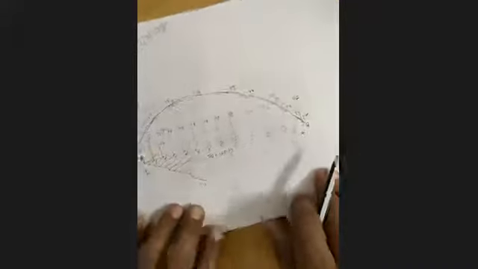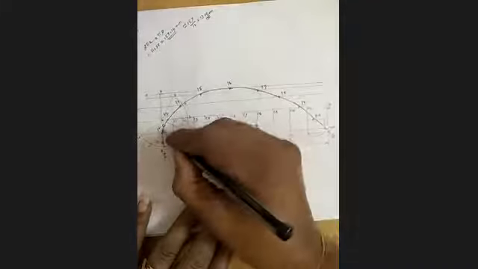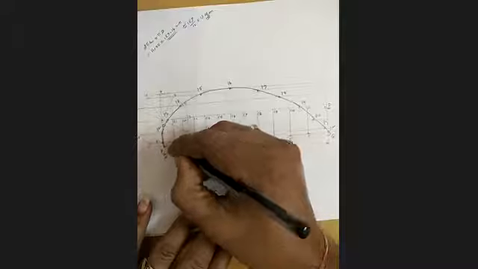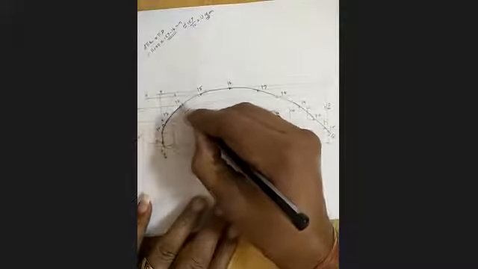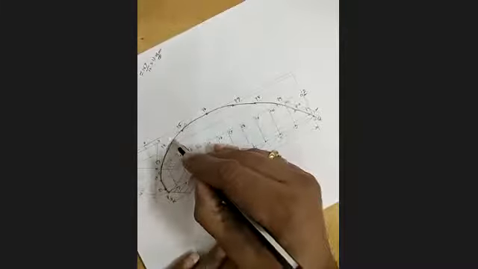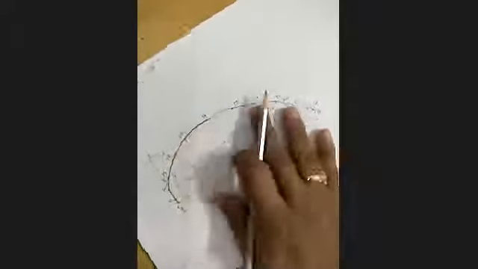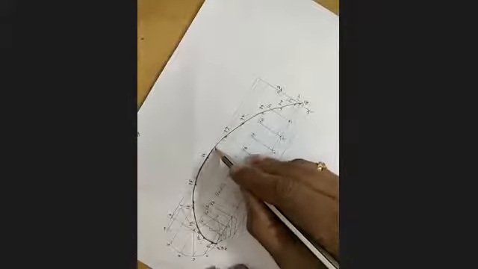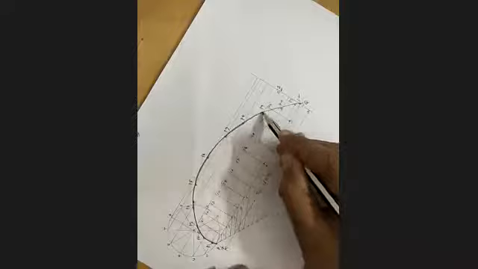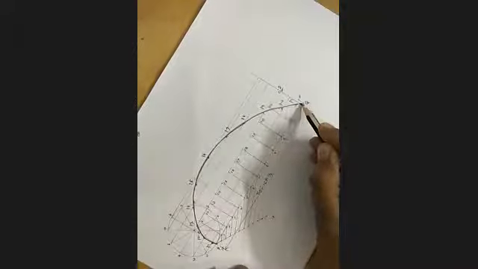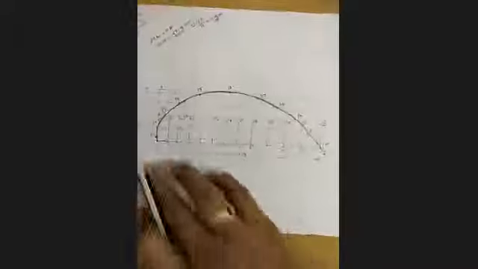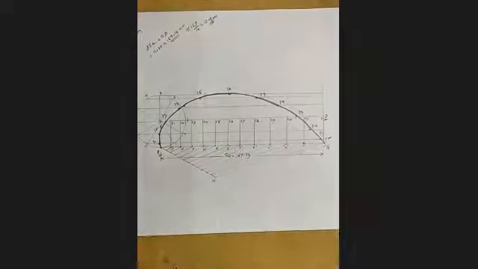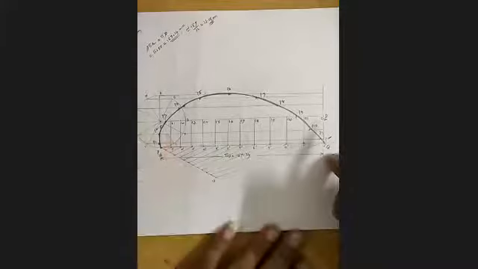So this is the nature of the curve. Once you have drawn a very smooth curve, darken it, because that is the object we want to draw. This is PQ. This is the nature of the curve when a circular object rolls along a horizontal plane.